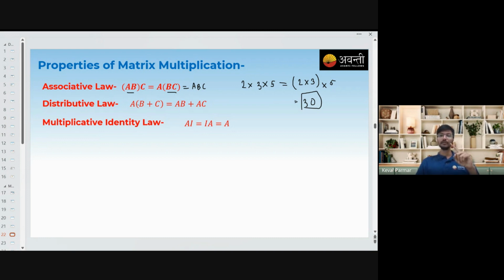Distributive law. It says that A will go multiply with B and A will go multiply with C. But if it was like this, then A will go multiply with B, but it's push multiplication.